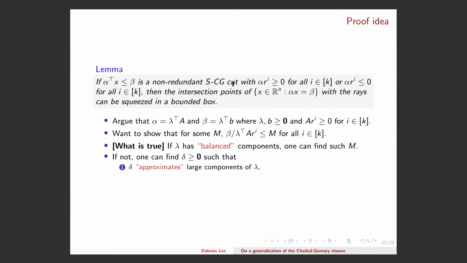So you can't expect to get the strongest possible set S. You have to look at a small enough S, but also you want to make it easy or simple enough so that you can generate cuts accordingly.